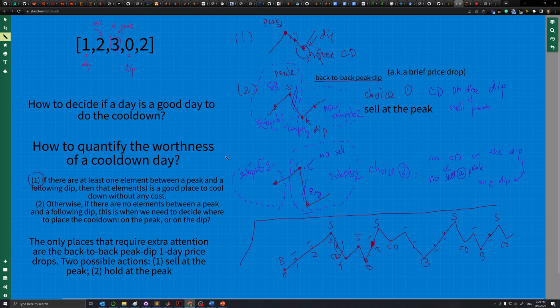So we can pretend that we're solving the classical problem, until we see a short drop like this.